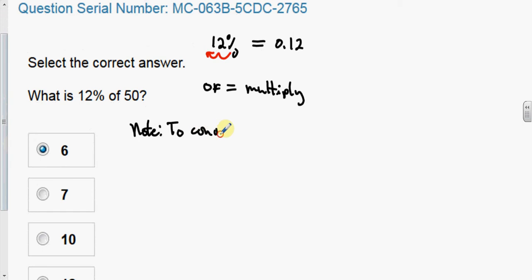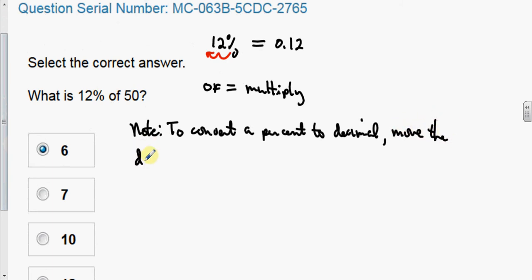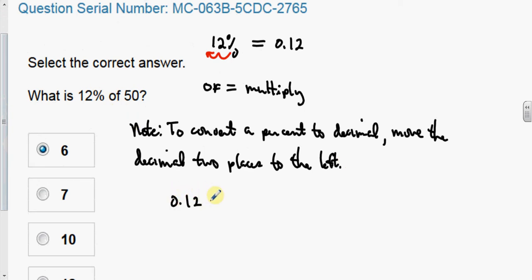Here, to convert a percent to decimal, simply move the decimal two places to the left. So it's 12% or 0.12 of is times 50, and when you multiply that out, you just get 6.